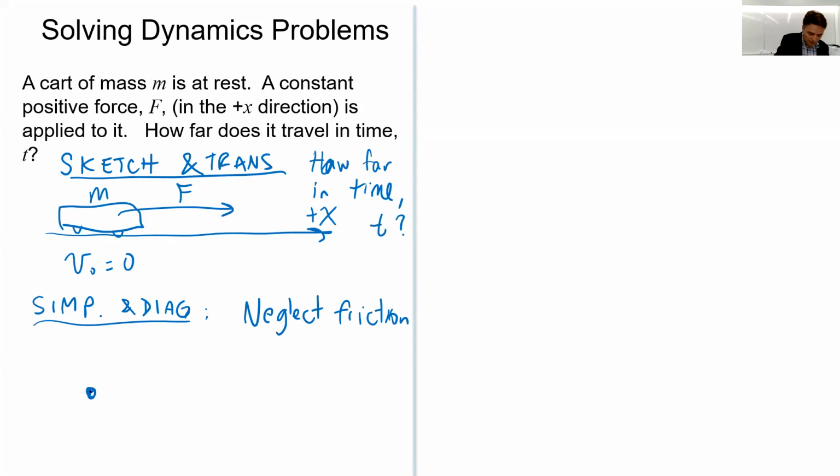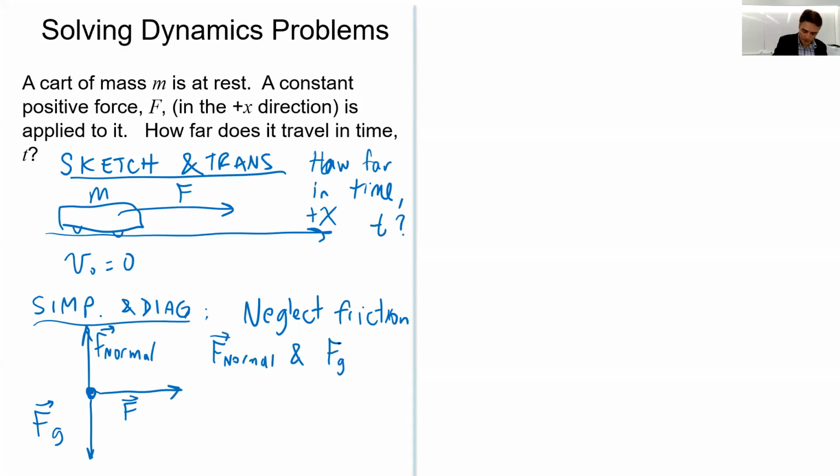So what you've got for your force diagram, you've got F normal acting up and F gravity acting down from gravity, and you've got this force F acting in this plus x direction. So the F normal and F gravity cancel since there is no y acceleration.